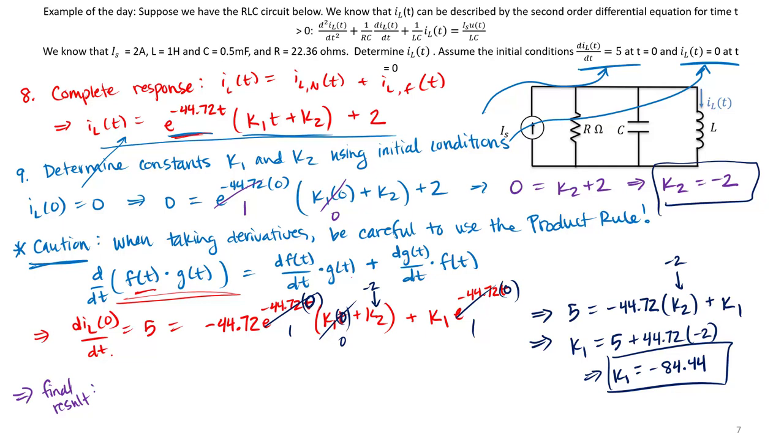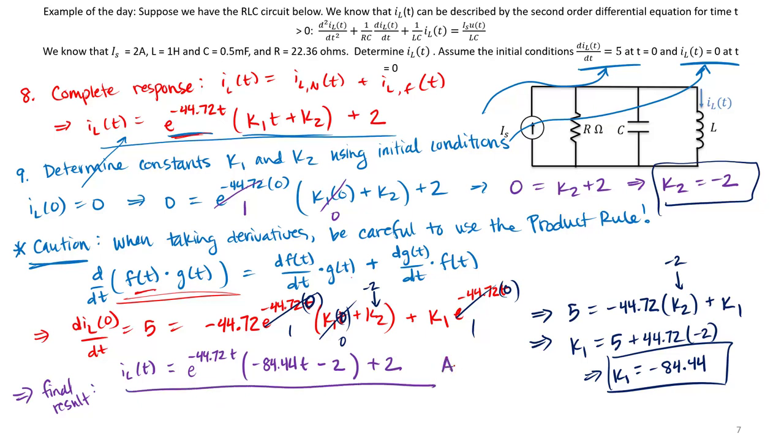So here we substitute k1 and k2, and we get IL of t is equal to e to the minus 44.72t multiplied by our negative 84.44t plus our k2, which is minus 2 in this case. And then we have plus our forced response, which is just 2. And units, of course, here are amperes.